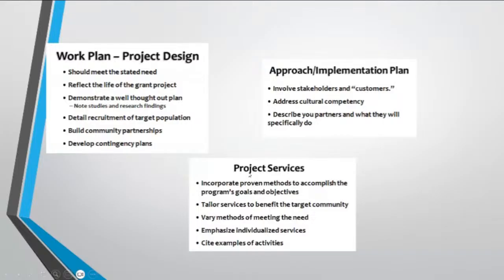Then let's now talk about the project services. Remember we talked about you need to be able to create some type of program? Here's what the services component should consist of. It's to incorporate proven methods to accomplish the program goals or objectives. You should have tailored services to benefit the target community. What does that mean?